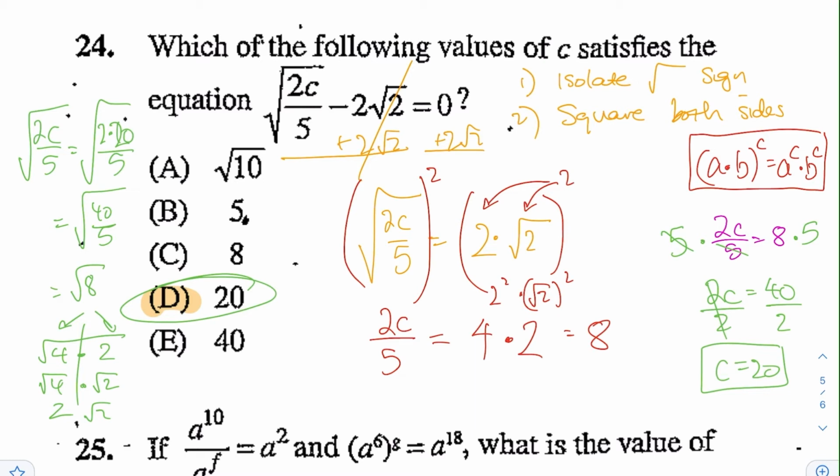So 2 root 2 minus 2 root 2 is equal to 0. So for this question, you have to do a variation of isolating the variable: isolate the square root first, and then square both sides. And you had to use this law of exponents to help you out.